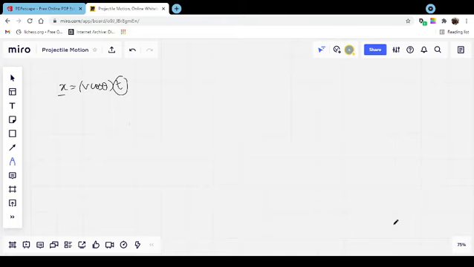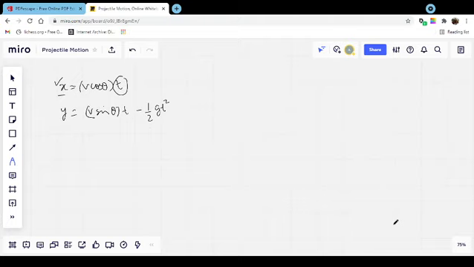This is a very important thing, that irrespective of the motion happening in y direction, we can substitute the value of time and get the position of the body at any time t. Similarly, we can write the equation of the body in y direction, that is v sin theta into t minus half g t square.